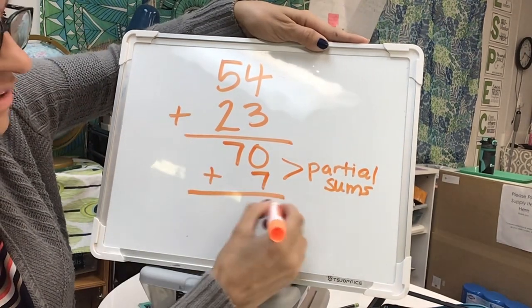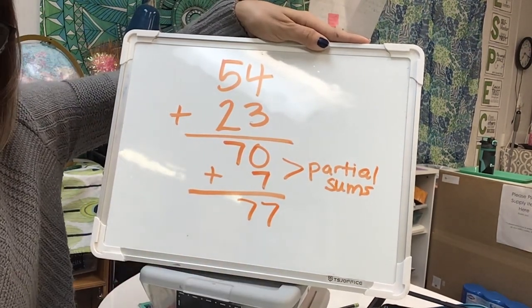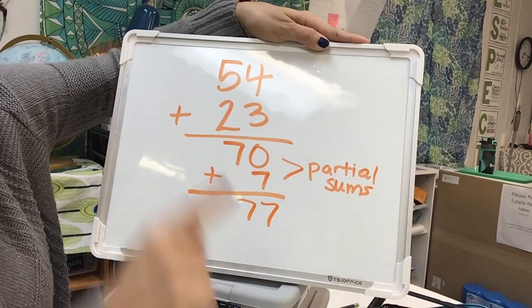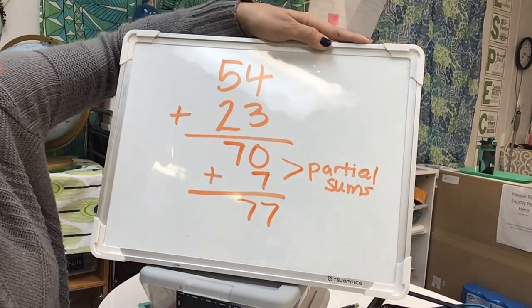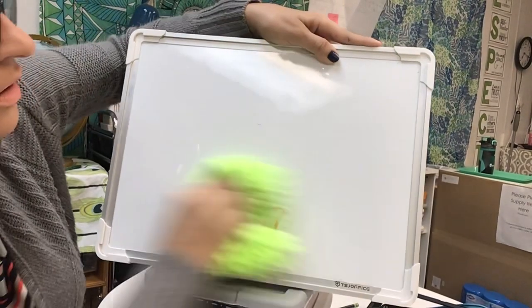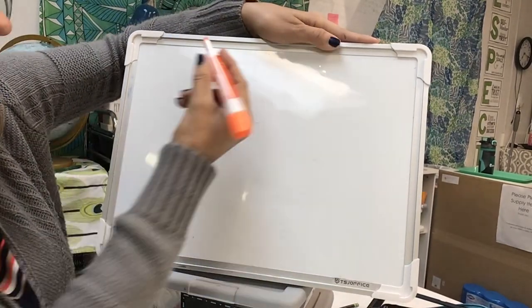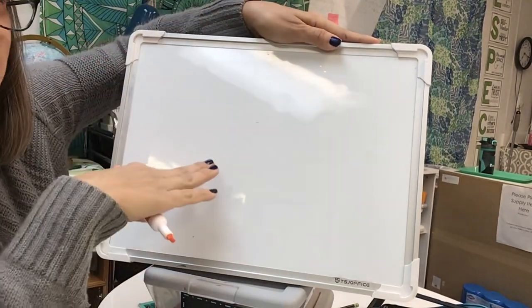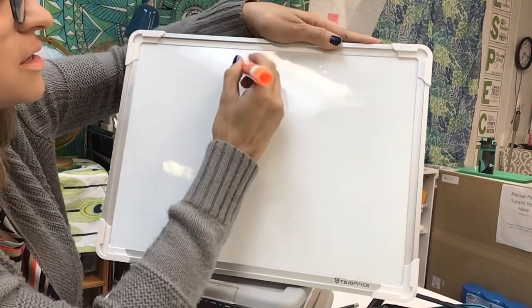So 70 plus 7, we're adding that together for the sum of 77. So 54 plus 23 is 77. The most important thing to remember with partial sums is to line up your tens and your ones.